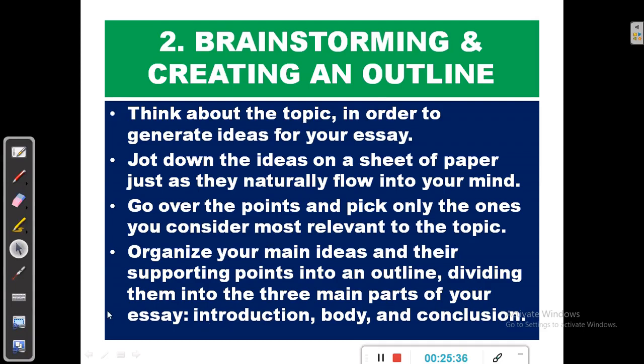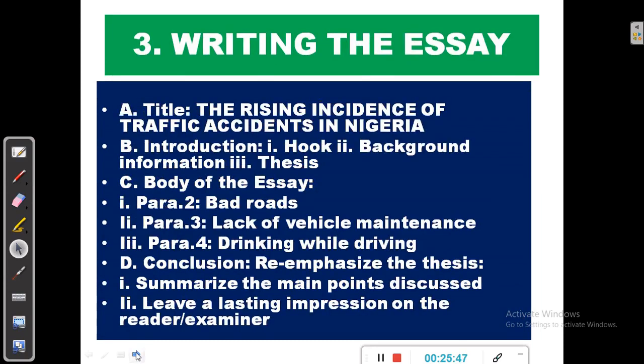And since we have been able to do that, then the next thing is for us to go to the next stage. So let's go to the next stage, and this is number 3, which is writing the essay. So here is a very critical stage, very important stage.